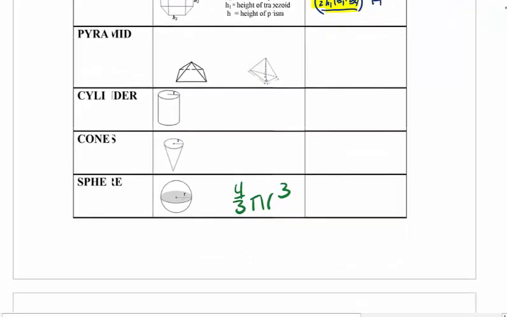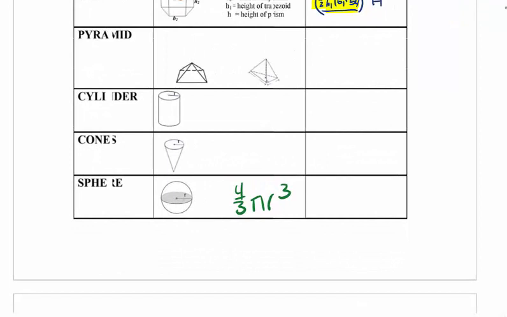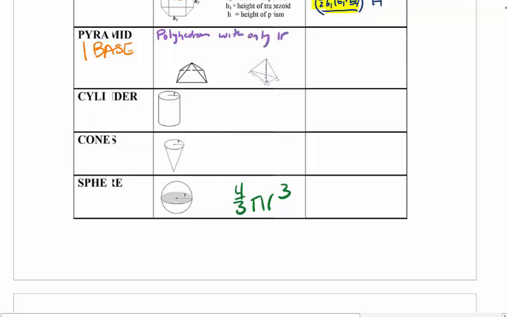So let's look at our next one, which is our pyramid. There is one base in a pyramid. A pyramid's definition: it's a polyhedron with only one base, and the sides are triangles.